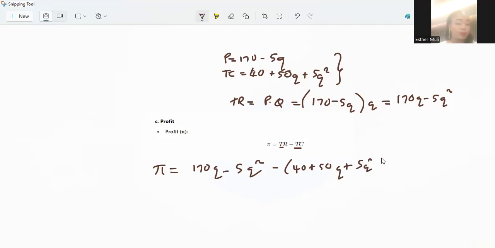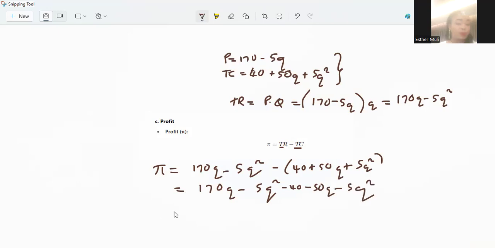So I need to expand this now here. 170Q minus 5Q squared minus 40 minus 50Q. The subtraction here will make everything negative, minus 5Q squared here.